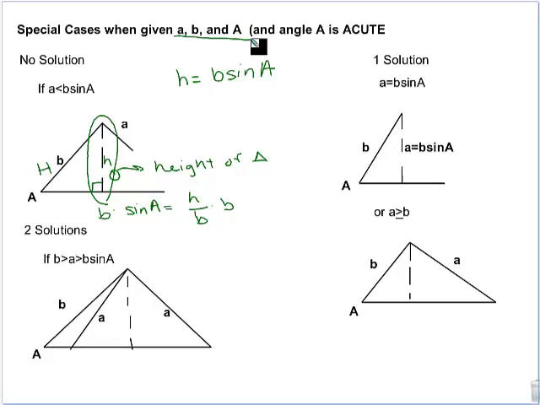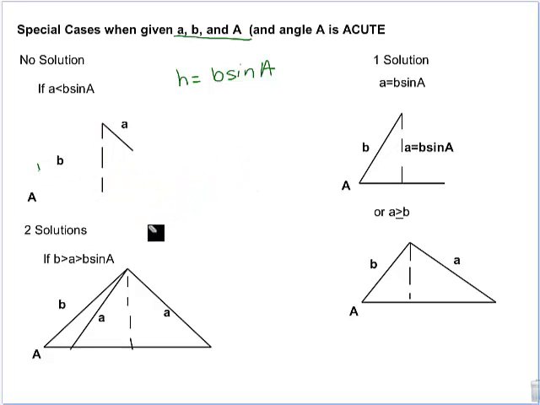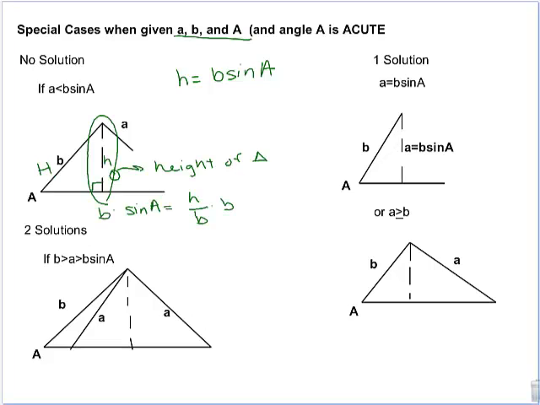So now let's think about why that height matters here. Let's think about this height right here. If our side A is shorter than that height, do you see how it would never actually form a triangle?